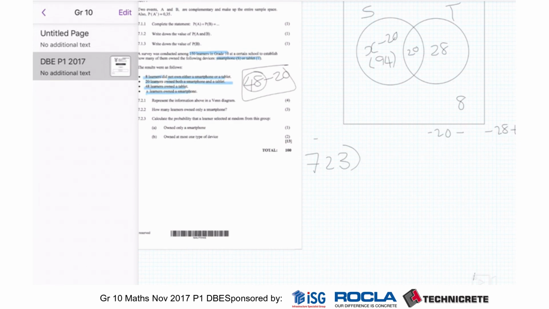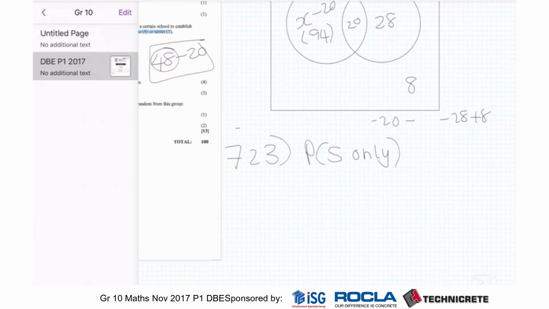Okay, the probability for a smartphone only is going to be 94 over the total, which is 150, and as a decimal that's 0.63.